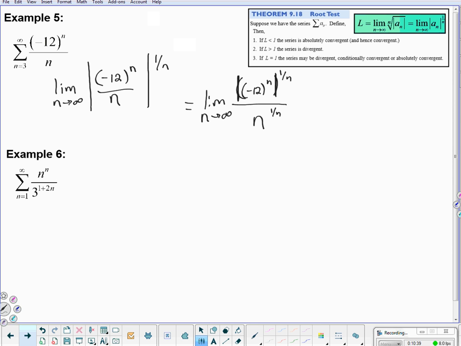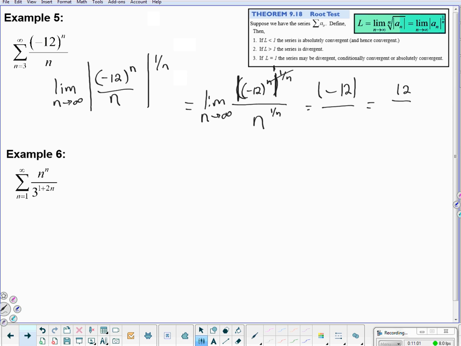Now, the top, n times 1 over n will make this just simply 1, won't it? And then I'll have the absolute value of negative 12, which will turn out to be 12. So my numerator I see coming out as a 12. The limit of 12 is 12.